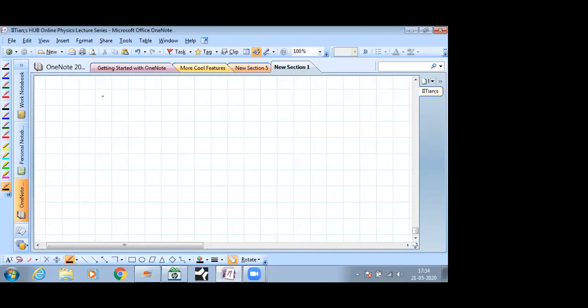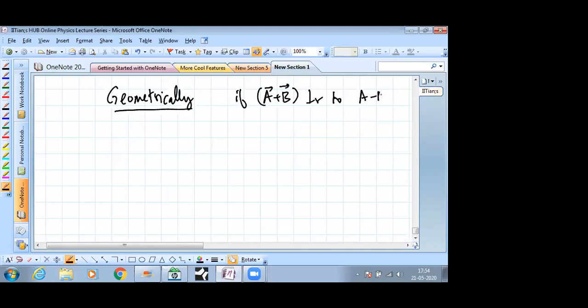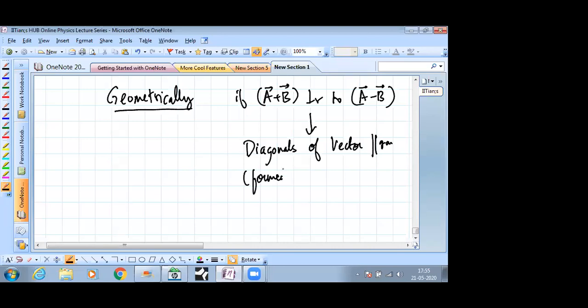So geometrically we can understand this way, that if A plus B is perpendicular to A minus B, that means that the diagonals of the vector parallelogram formed using vectors A and B are perpendicular.